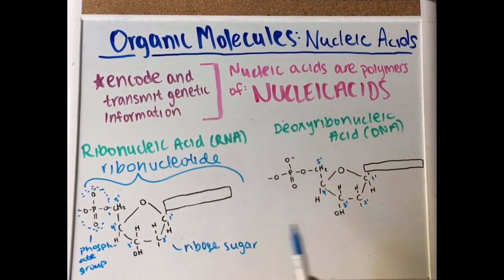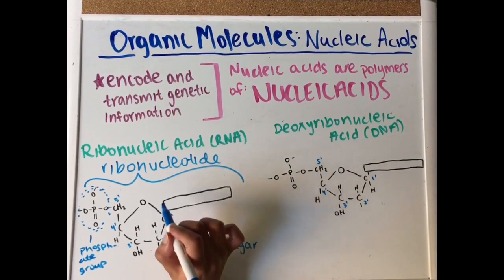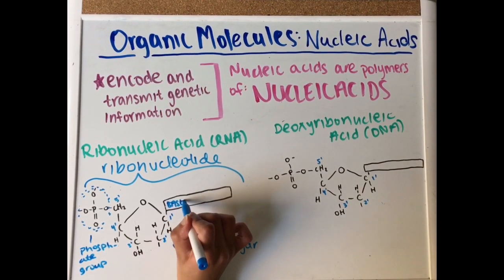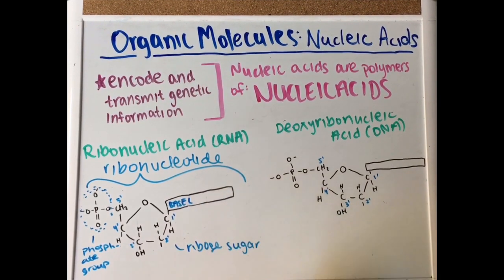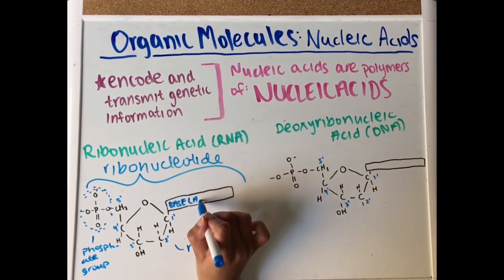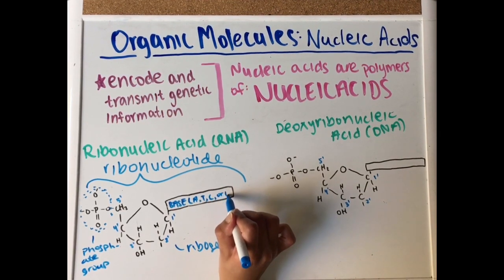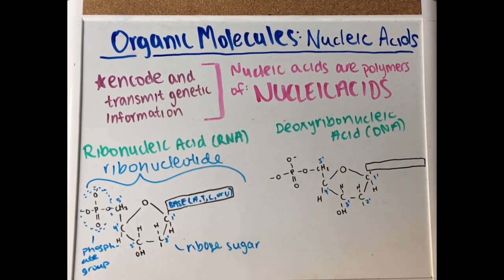And on the other side, right here, the carbon is connected to a base. And the base would be either A, U, C, or G. That's the base for the ribonucleic acids.